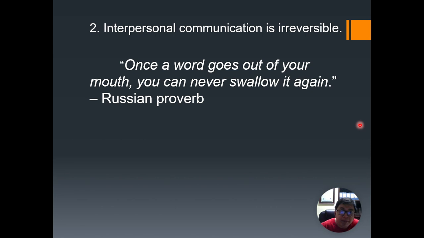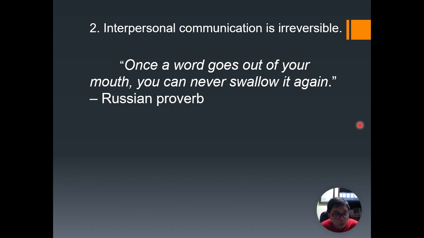The second one, interpersonal communication is irreversible. I'd like to emphasize this with a Russian proverb that says, once a word goes out of your mouth, you can never swallow it again. With the words that we deliver, sometimes we are unaware of the effect they may have. Thus, we need to be careful.